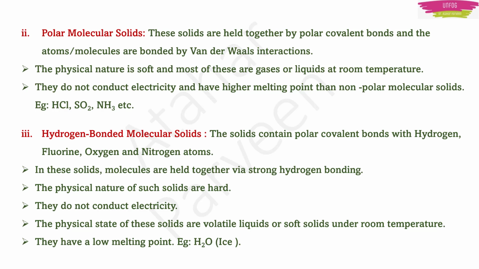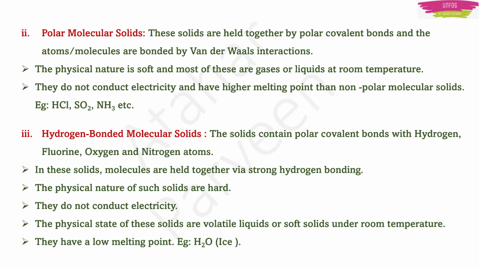And of course, these solids also do not conduct electricity. The speciality of these solids is that their physical state is volatile liquids or soft solids at room temperature. Now what are volatile liquids? See, solids don't mean you should only imagine a brick, or only ice.